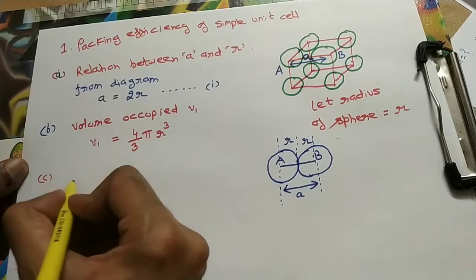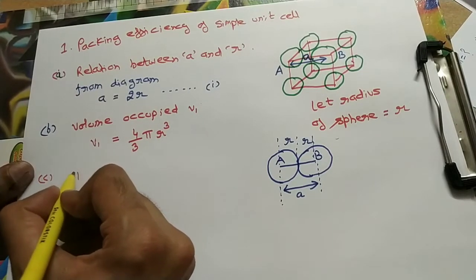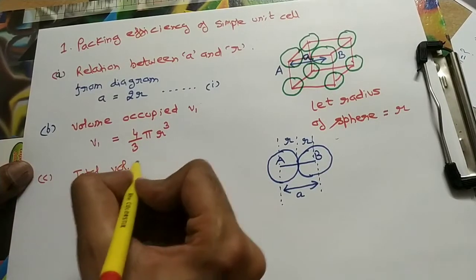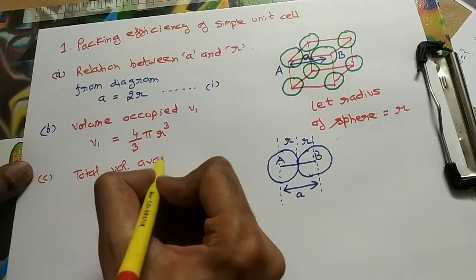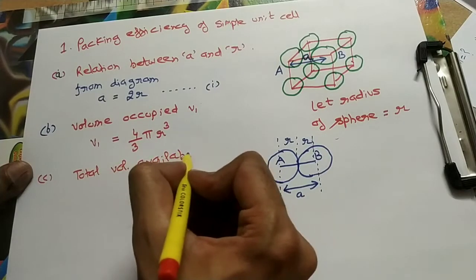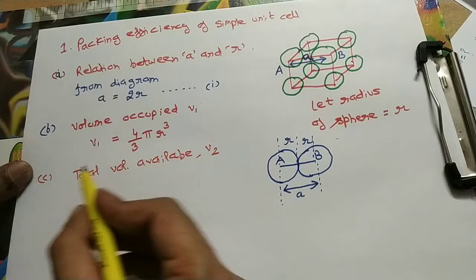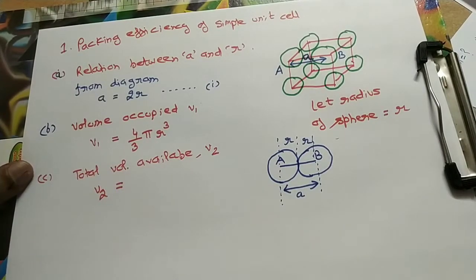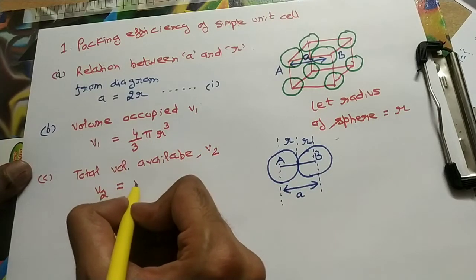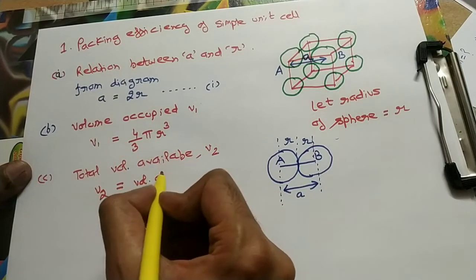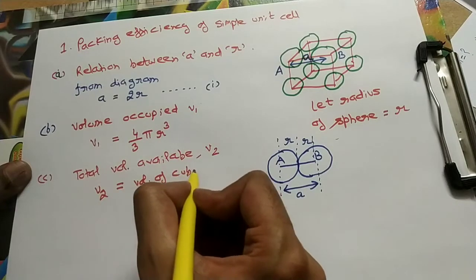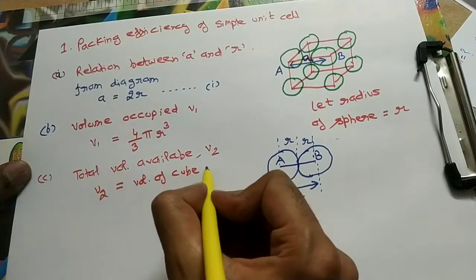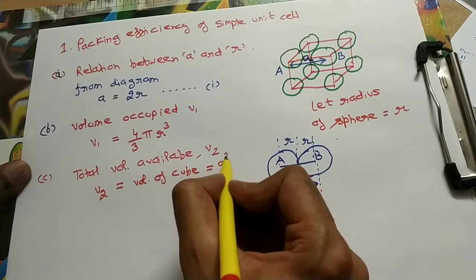C part is total volume available. Let it be v2. v2 is volume of cube. Obviously total volume available is volume of this cube which is equal to a cube.